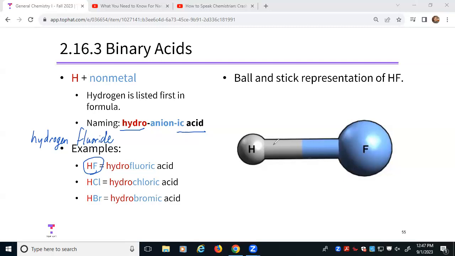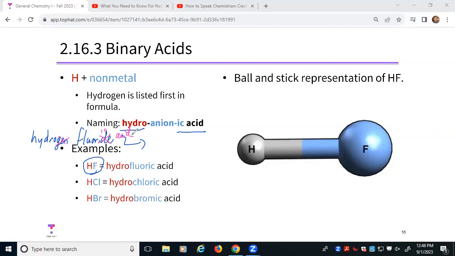What we are doing to turn it into an acid is we are knocking off the gen, and we're turning the ide into ic acid. Hydrofluoric acid.